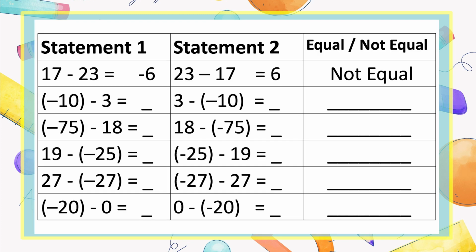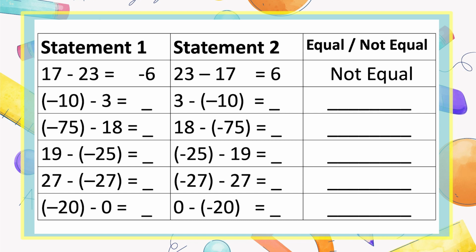Given below are two statements, statement 1 and statement 2. You have to verify whether the two statements in each case are equal or not. In the first case, statement 1 is 17 minus 23, which is minus 6, and statement 2 is 23 minus 17, which is 6.